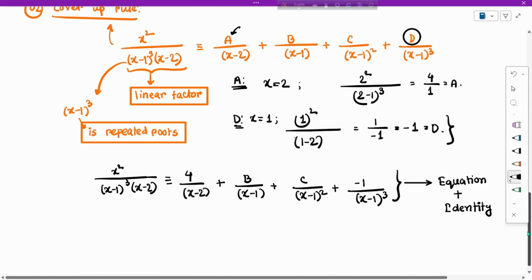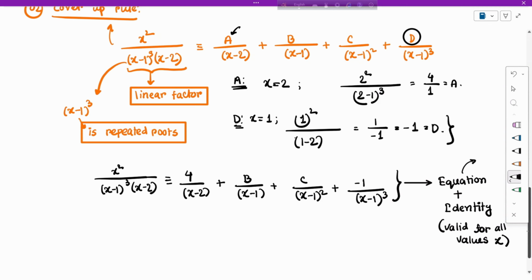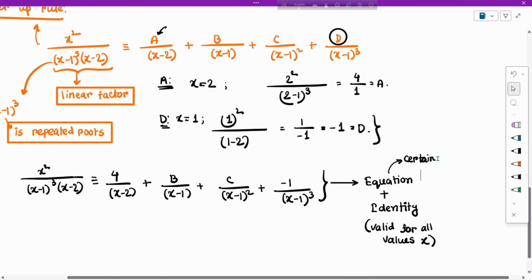What is the difference between an equation and an identity? An identity is a type of equation that is valid for all values of x, and an equation is valid for only certain values of x. So an equation is not valid for all values of x.